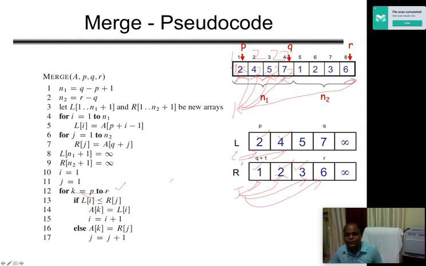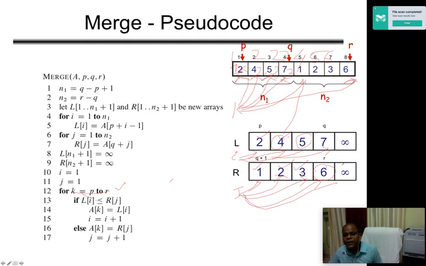Now among 4 and 6, which one is smaller? 4 is smaller, hence 4 will go to here and k will be increased. Then i will point to here, and among 5 and 6, 5 is smaller, hence 5 will go to here. And again 6 and 7, 6 is smaller, so 6 will go here, and j will point to here.